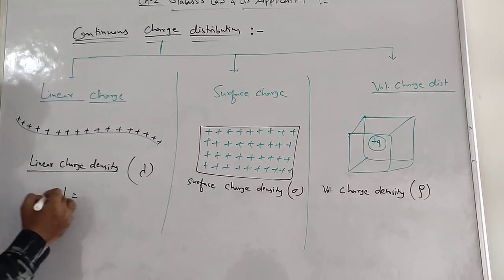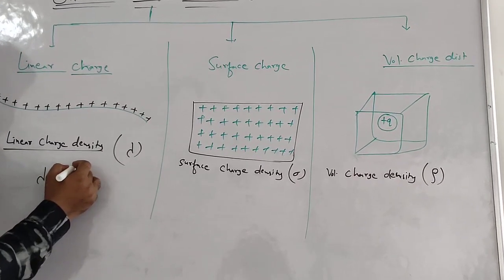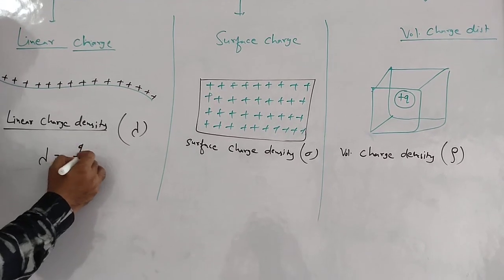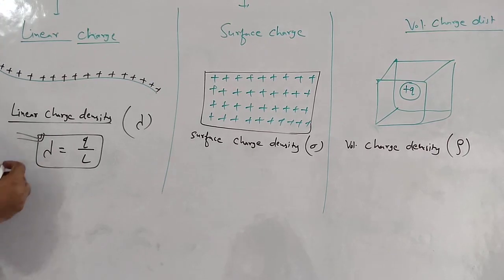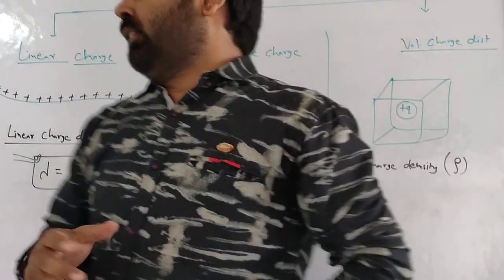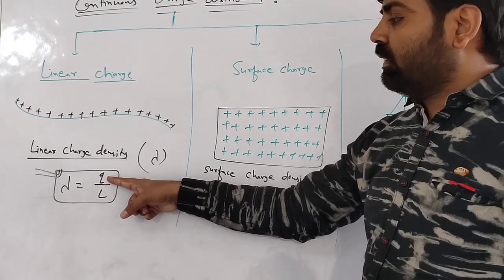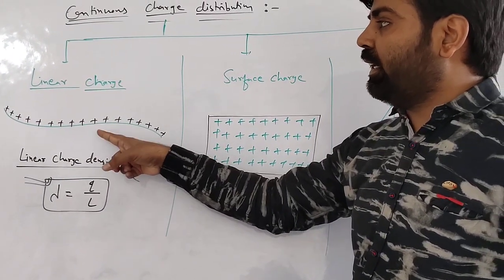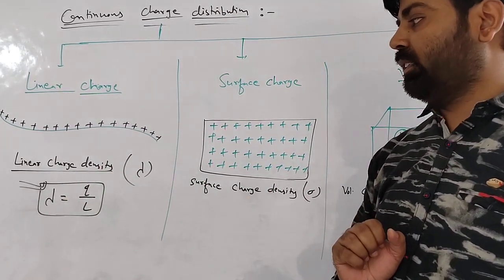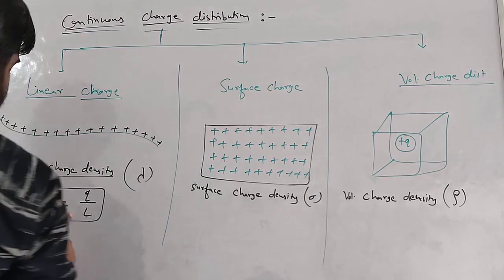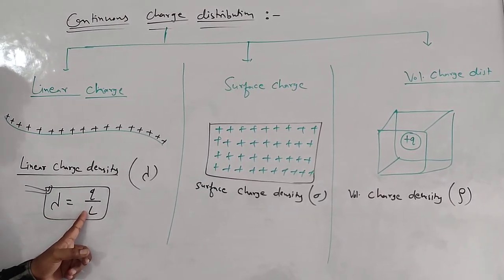What is linear charge density? The linear charge density is denoted by lambda, and lambda is equal to q upon total length L. The charge per unit length on a linear conductor is called its linear charge density. So lambda is the ratio of net charge and net length.